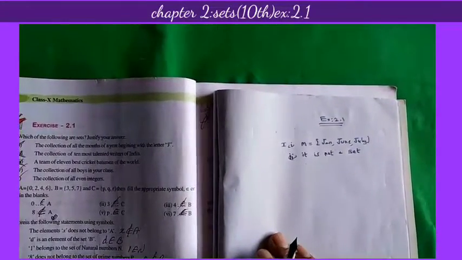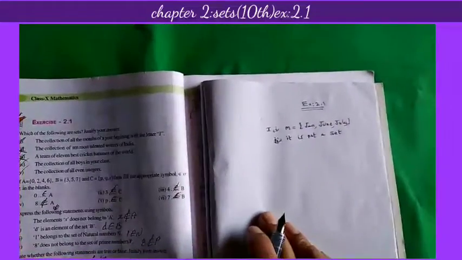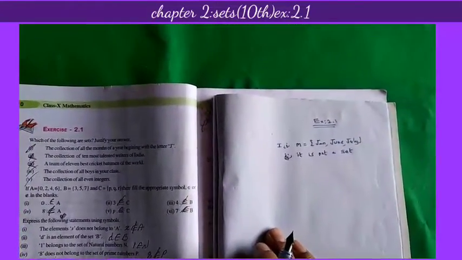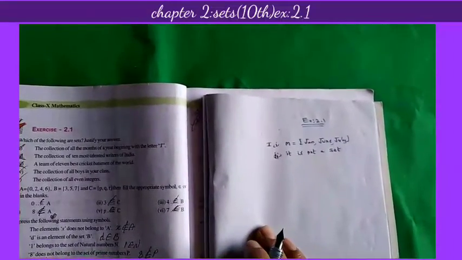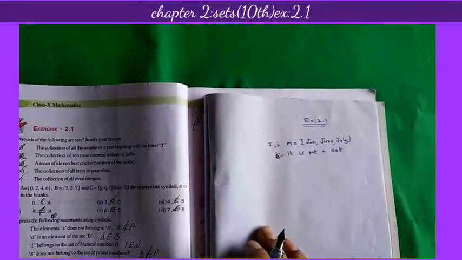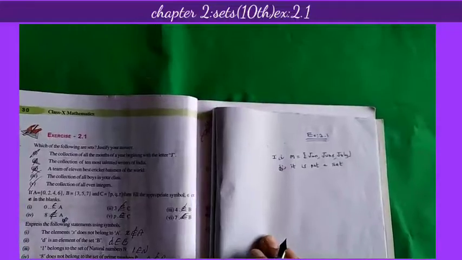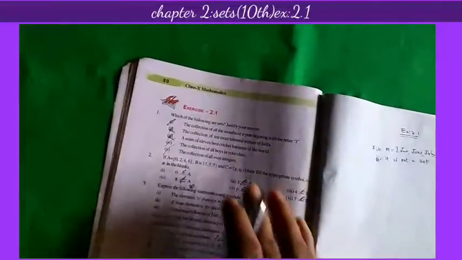Various people think of various types of talent. Whether it is novel writing or story writing or cinema script or poems, what talent is it? So we can't accurately define the term talented. So it is not a set.